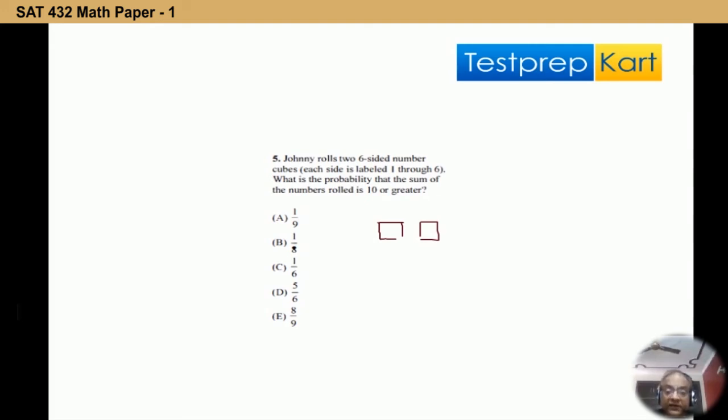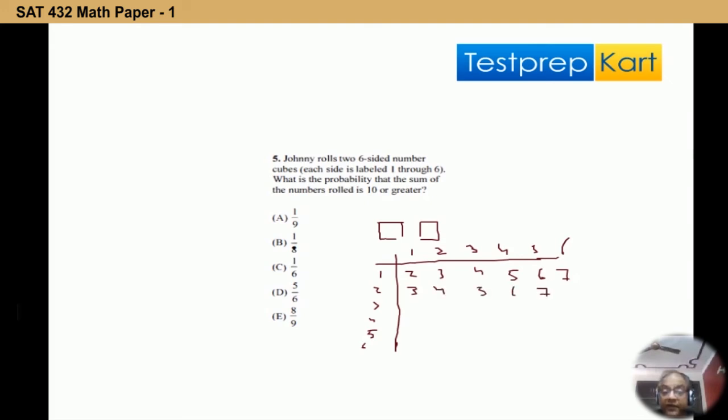Now the best way for doing this kind of question is that you can prepare a grid. So 1, 2, 3, 4, 5, 6. These are the numbers on the 6-sided cube, and here also another cube is 1, 2, 3, 4, 5, 6. And then what is the sum? So here it will be 2, 3, 4, 5, 6, 7. It will be 3, 4, 5, 6, 7, 8.